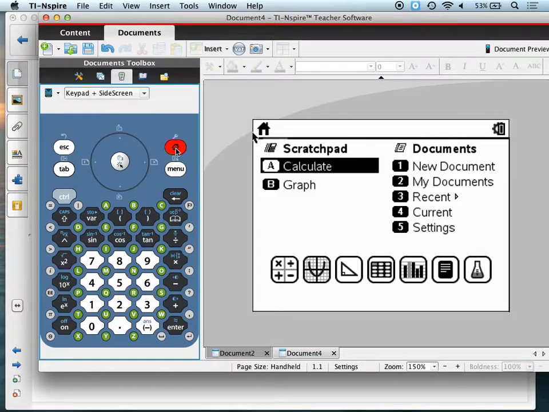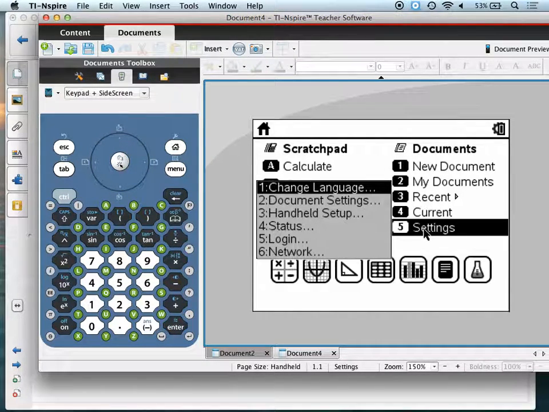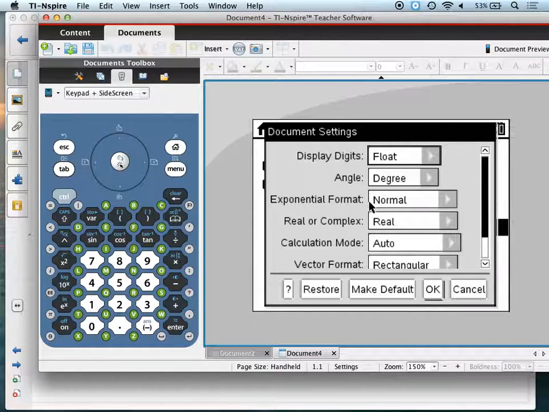From the home page, you're going to go to your settings. And under settings, go to your document settings. So a few things here real quick. I like mine to be on float. If yours is on float 6, what it does is it rounds it to 6 decimal places.